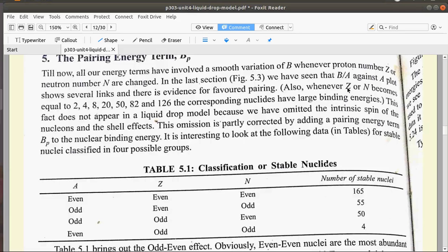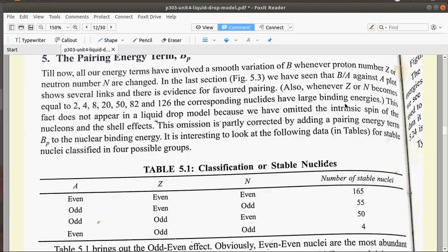Whenever N or Z becomes equal to 2, 4, 8, 20, 50, 82 and 126, the corresponding nuclides have large binding energies. So whatever information we know regarding the properties, based on that we are adding terms one by one to the binding energy.